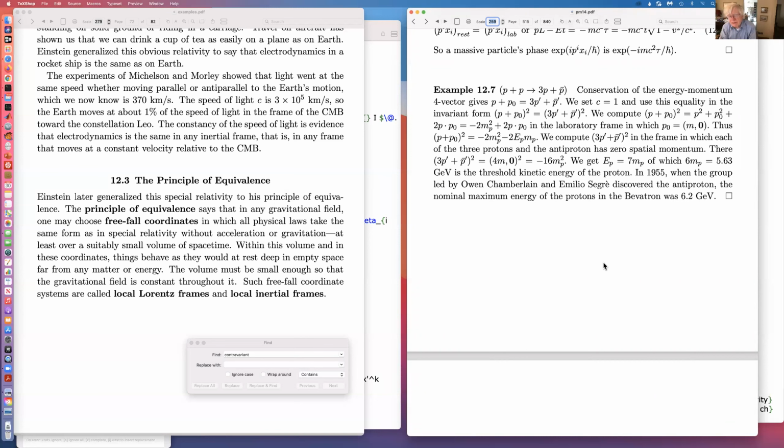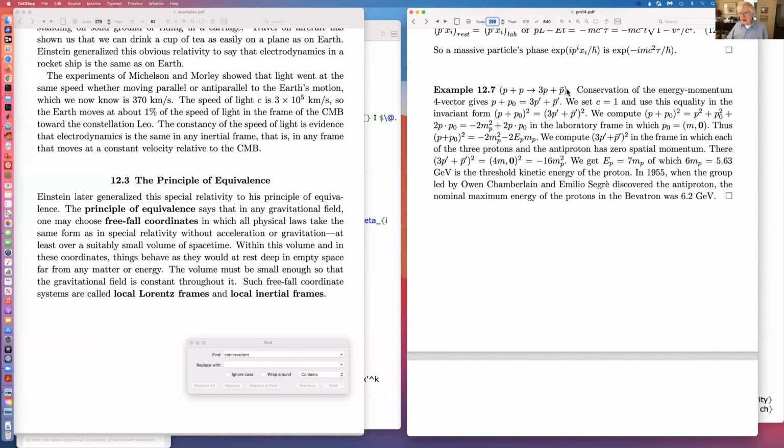And so back, I must be 50 or 60 or 70, maybe even 80 years ago, physicists at Berkeley wanted to know how big an accelerator they'd have to build in order to create an antiproton.